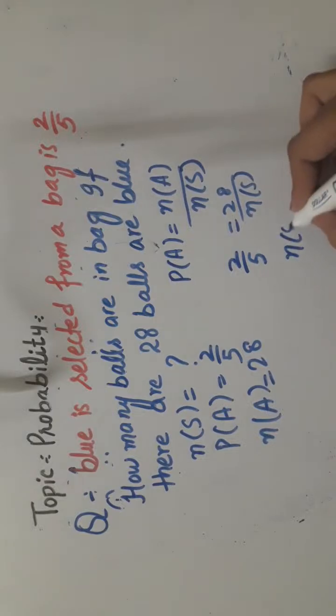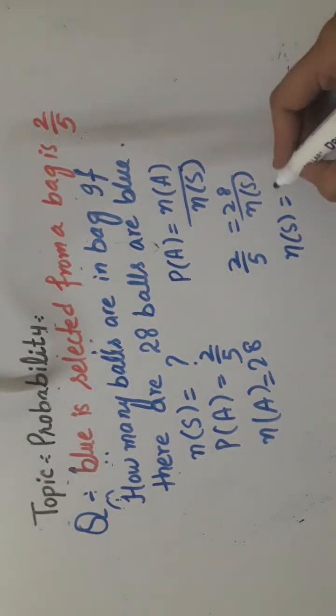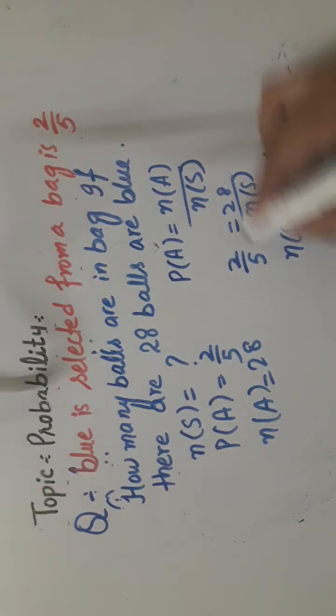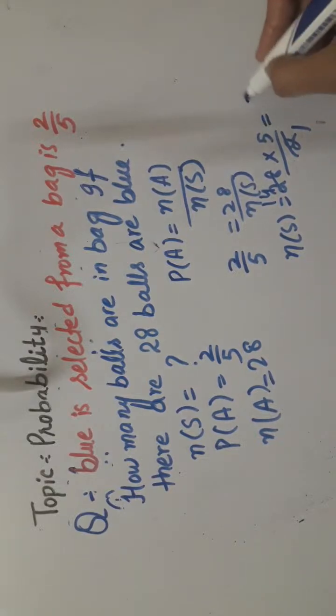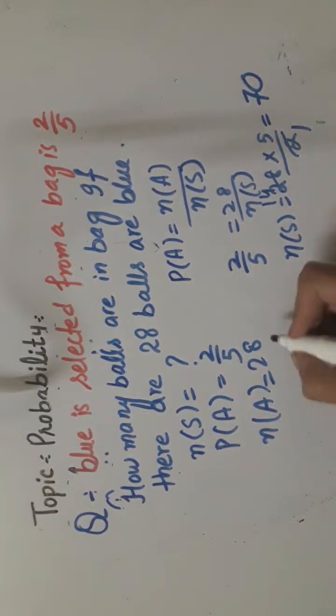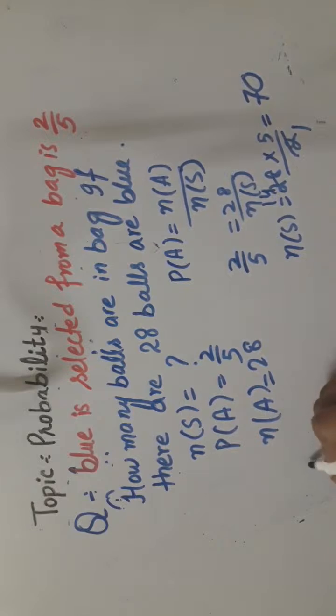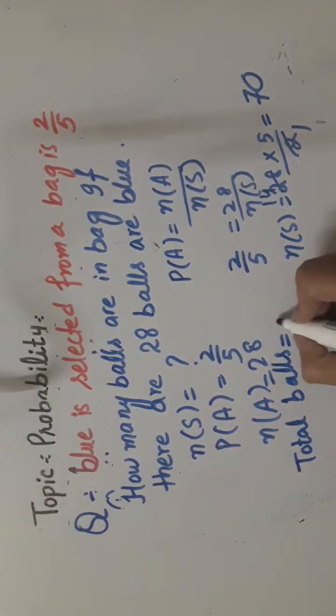So N of S will be equal to 28 multiplied by 5 and divided by 2. We have just cross multiplied this. So this will be equal to 14 multiplied by 5, which will be equal to 70. So the total number of balls present in this bag are 70.